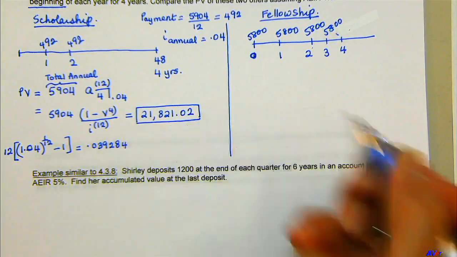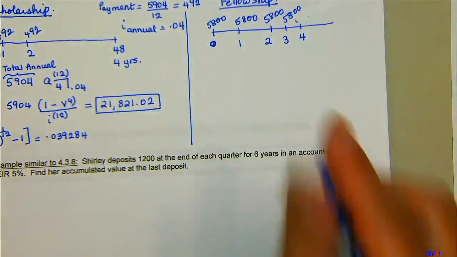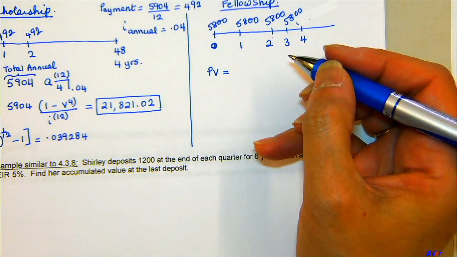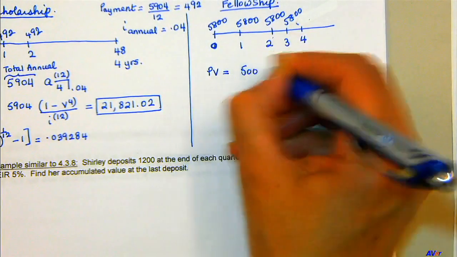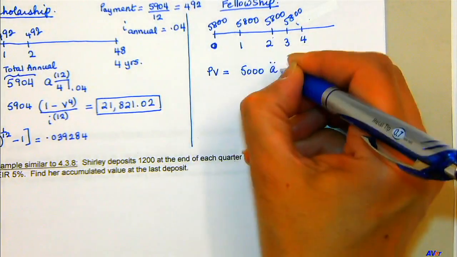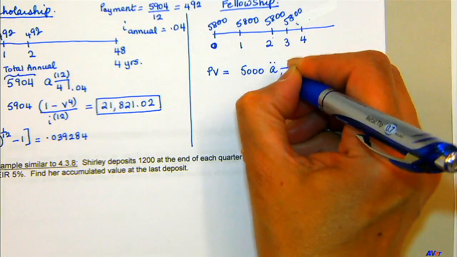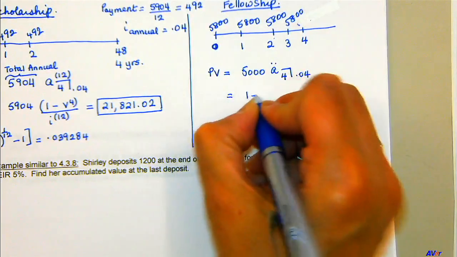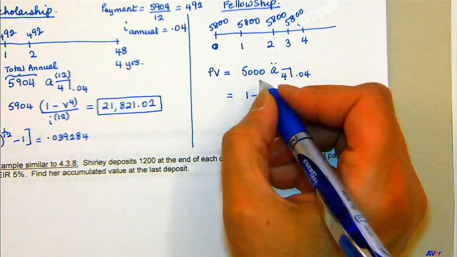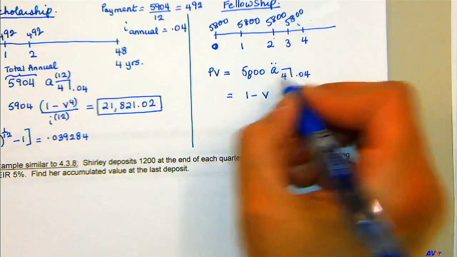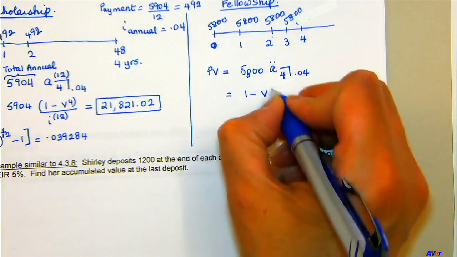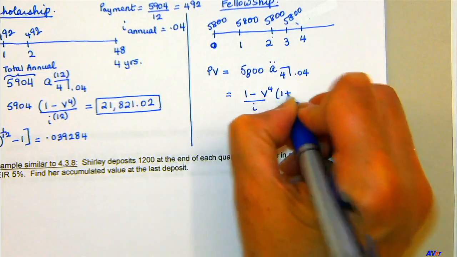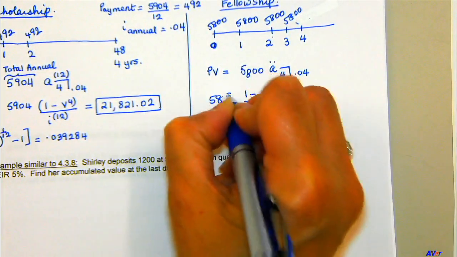Okay. What about the fellowship? What's the present value here? 5,800 a double dot angle 4 years at 4%. So this is 5,800 times 1 minus v to the 4 over i, times 1 plus i.